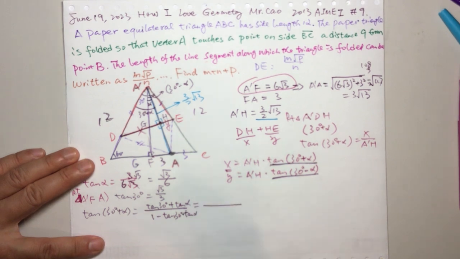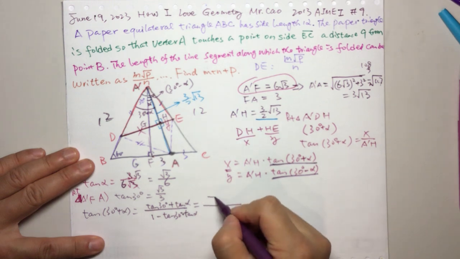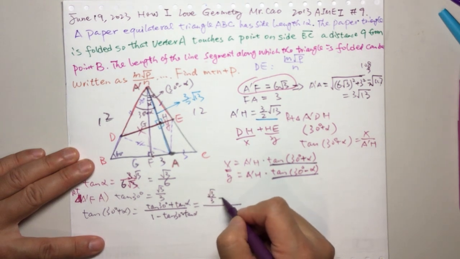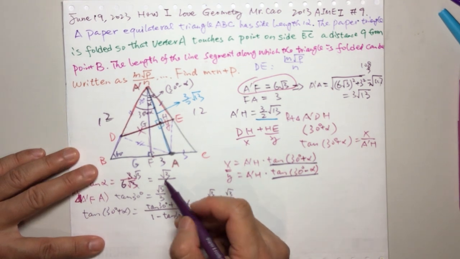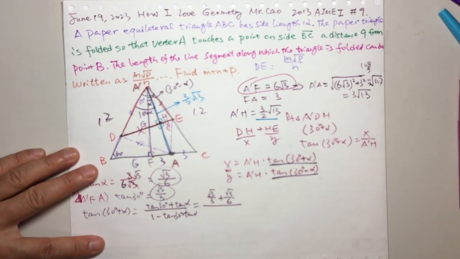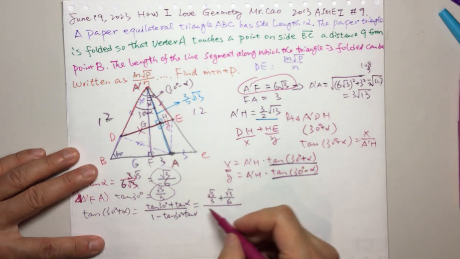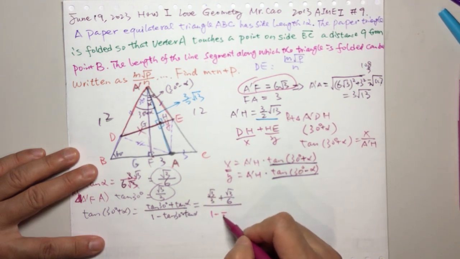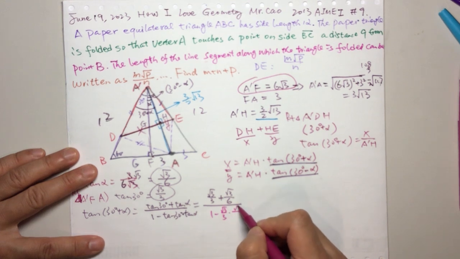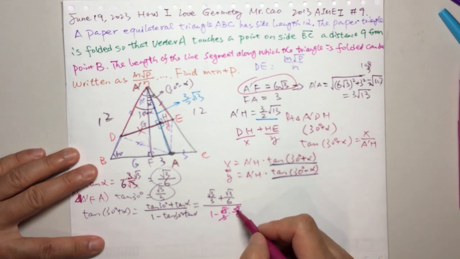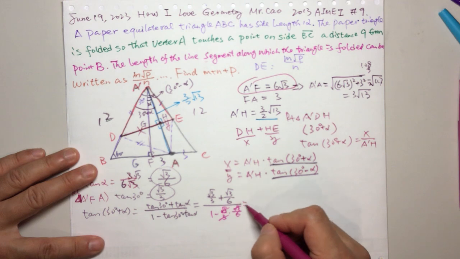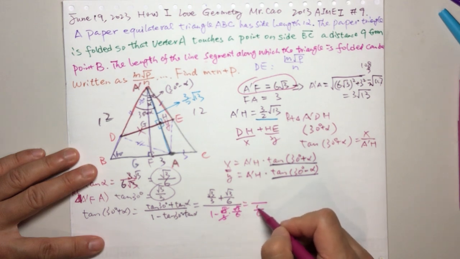So it will be this plus this, and 1 minus square root times square root, which is 3 over 3, so 1 minus 1/6, equals 5/6.